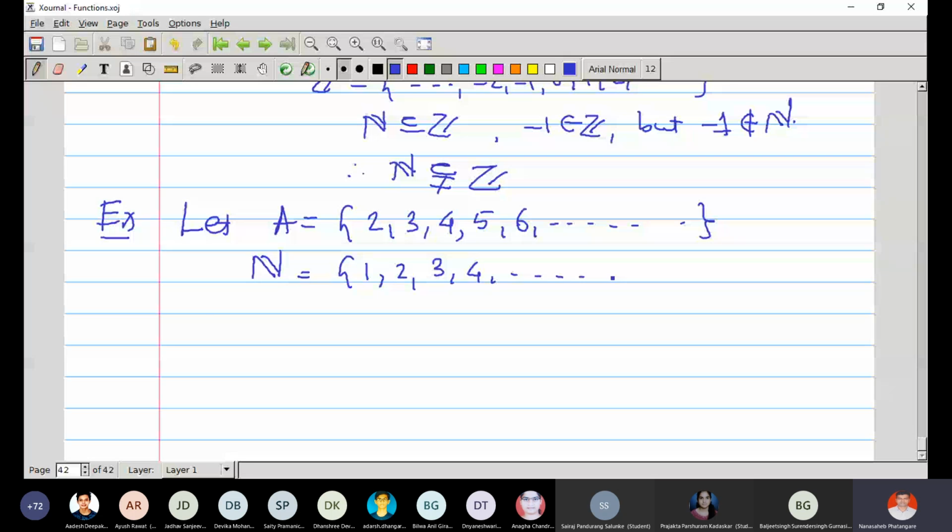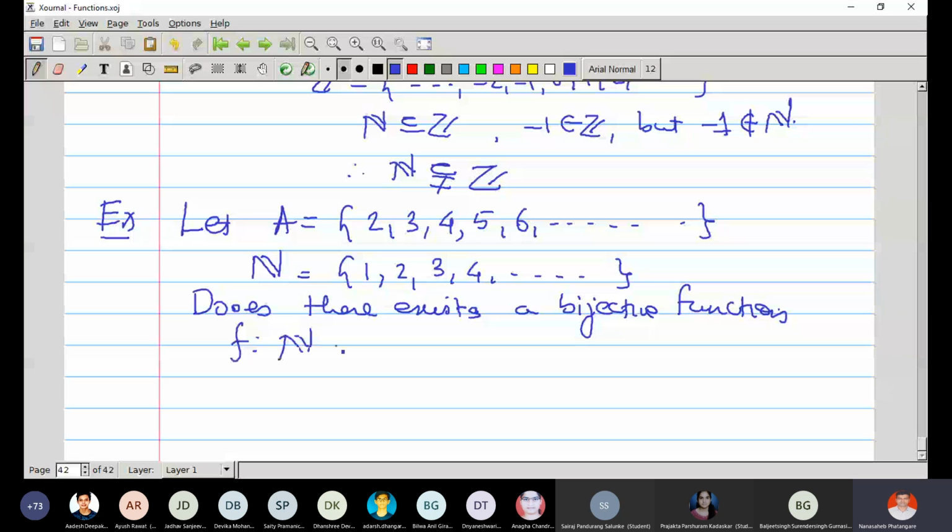Does there exist a bijective function f from natural numbers to A? The question is very simple. Do you understand A is a proper subset of N?